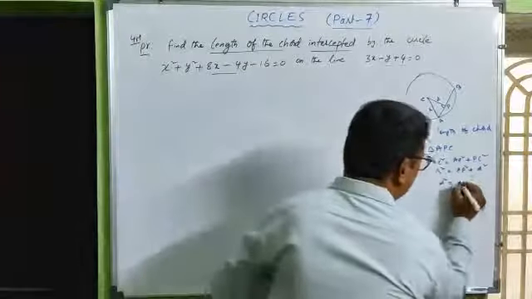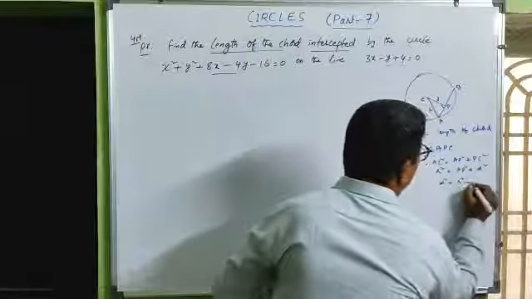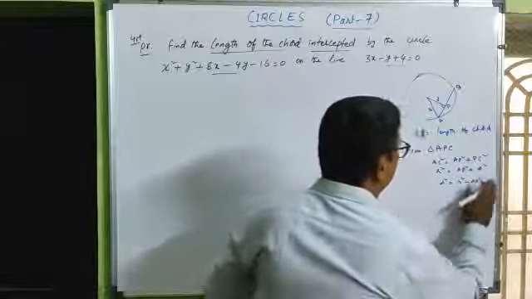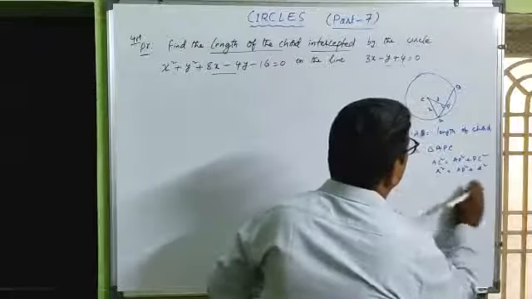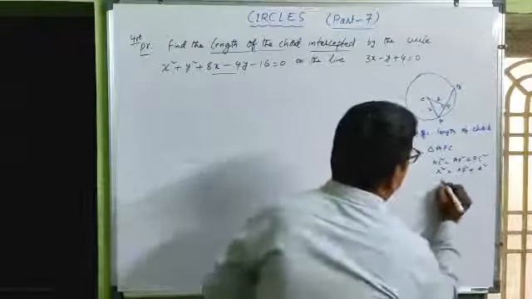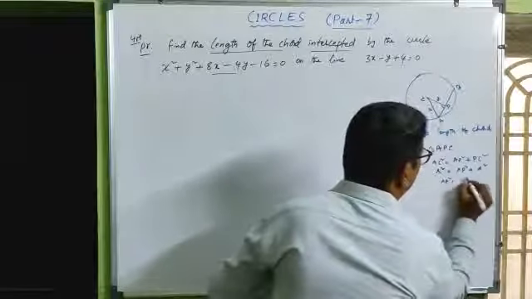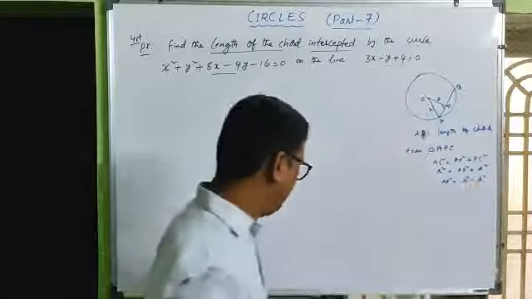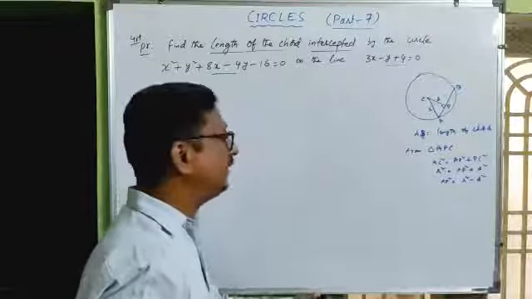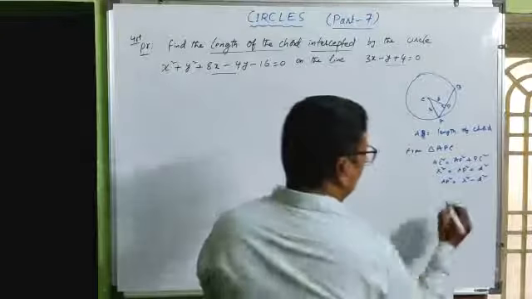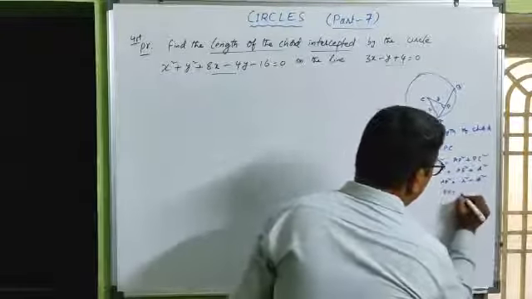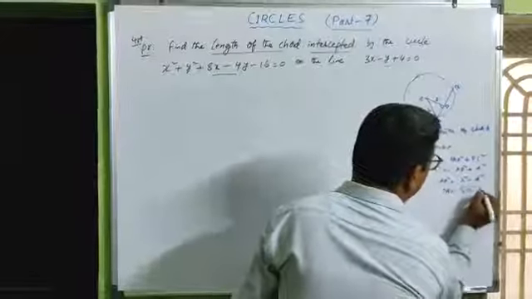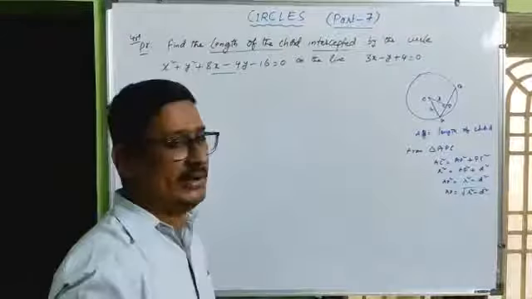So D square is equal to R square minus AP square, and we have to find AP square. AP square is R square minus D square. So AP is equal to under root R square minus D square.